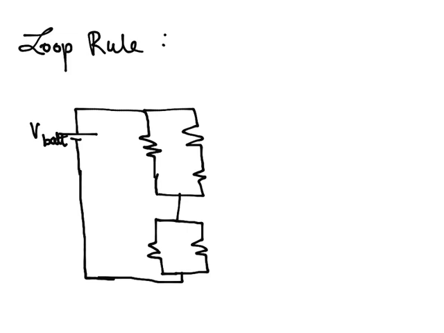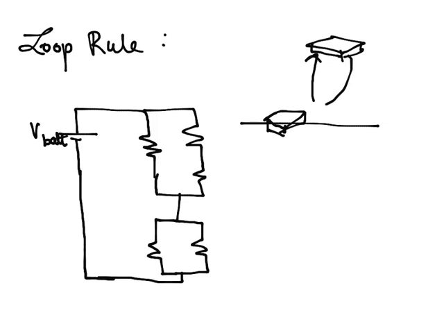So in Kirchhoff's loop rule, we have to think about the idea of conservation of energy. And I'll illustrate this in a non-circuit way. So imagine that you have a floor and a book is sitting on the floor. Okay, then you pick the book up and you put the book ultimately back to its same place.